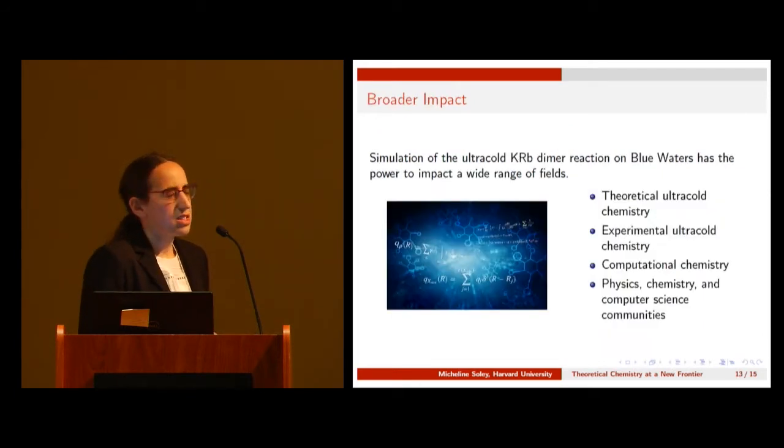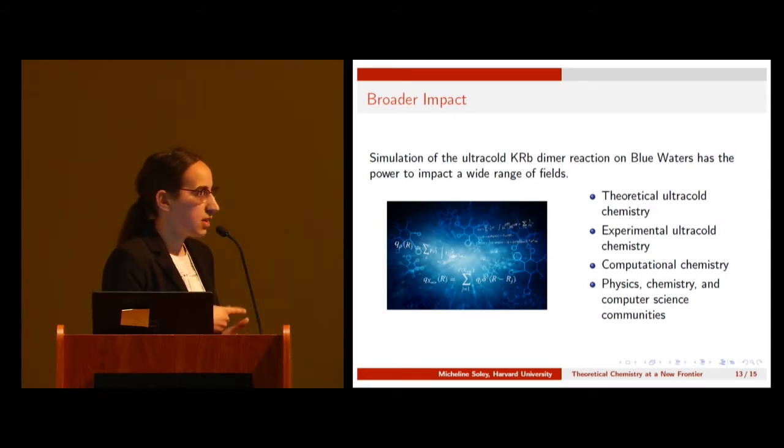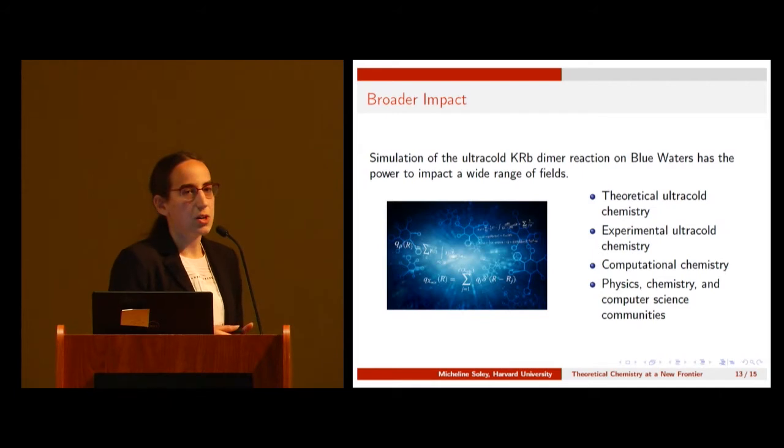So this has a broad impact to a variety of fields. So most directly, it gives a tool to the ultracold theoretical chemistry community of how to look at these reactions. And it also gives us information that we are going to use with our collaboration with an experimental team that's currently working on this reaction.